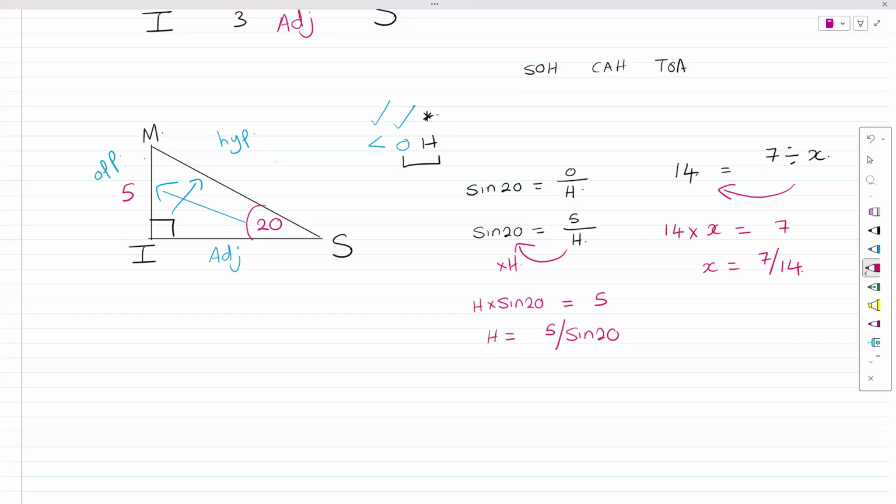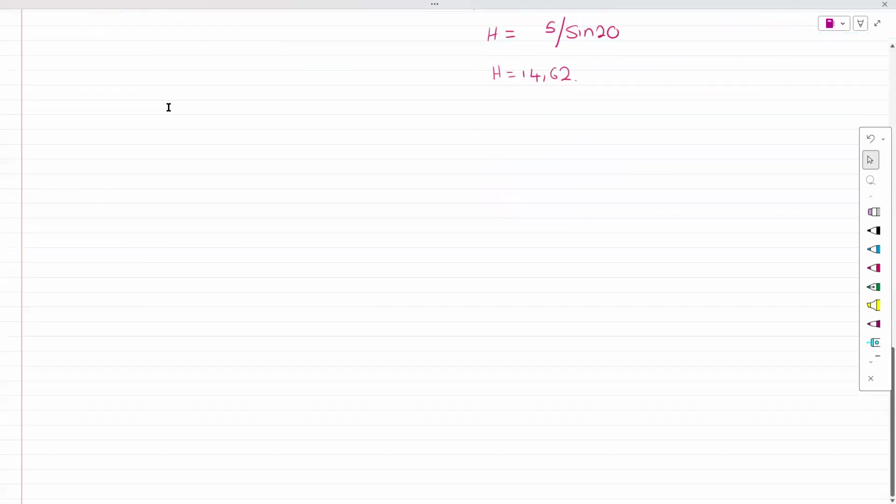Confirm for me, two people. 14.62. Okay, so we okay with 14.62. Any questions? Okay. Let's go with another example. Karuna, you pick somebody.